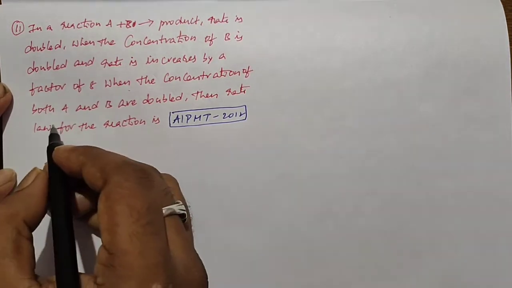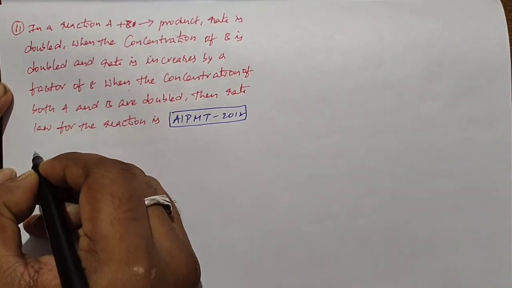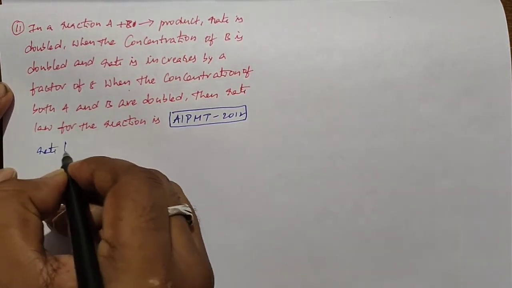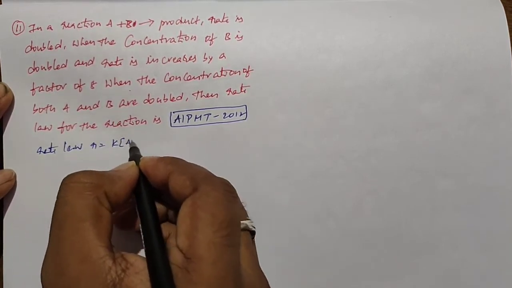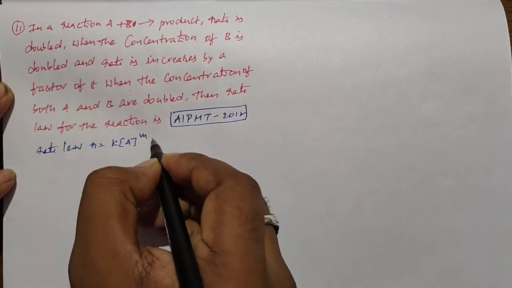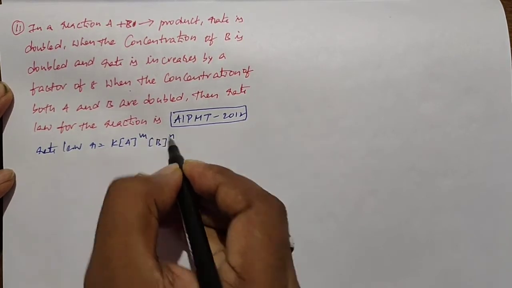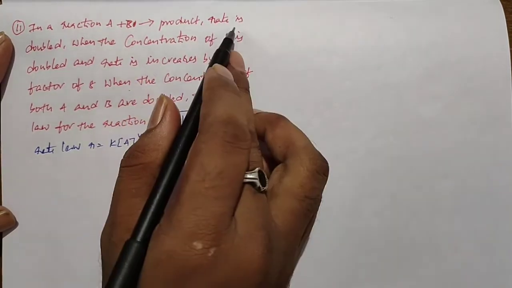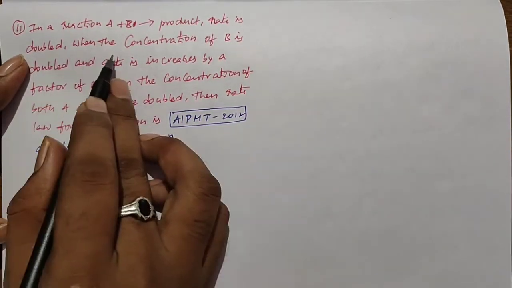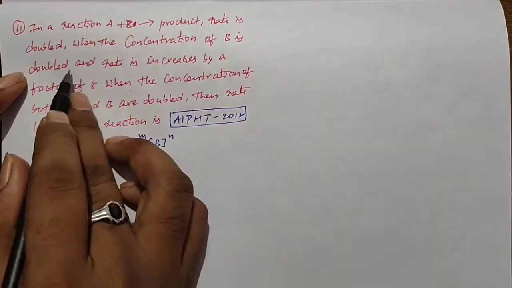First we take the general rate law, R is equal to K into concentration of A power m into concentration of B power n. Now first we substitute the first condition. What is the first condition? Rate is doubled when the concentration of B is doubled.